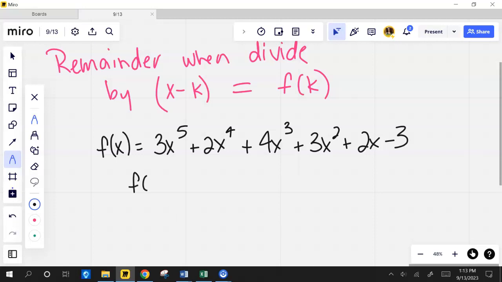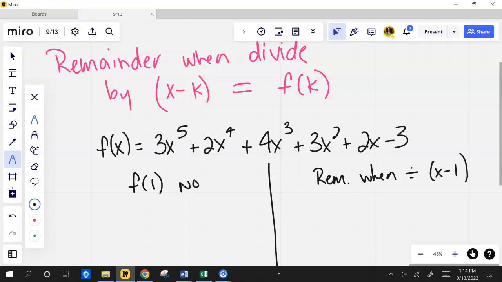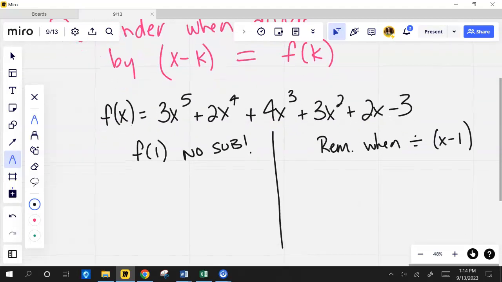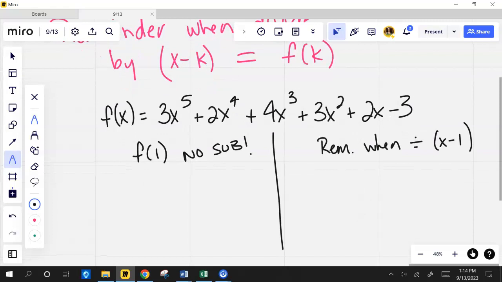Without plugging in, Charlie, what is f of 1? And then tell me what the remainder is. 11 is the remainder.